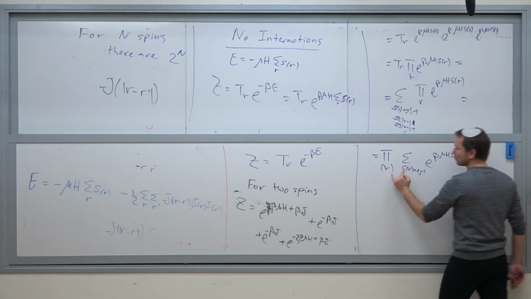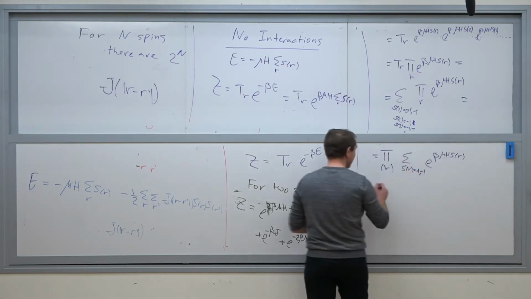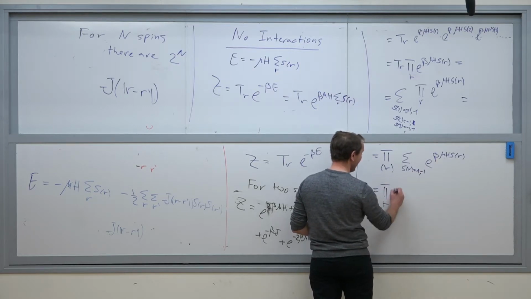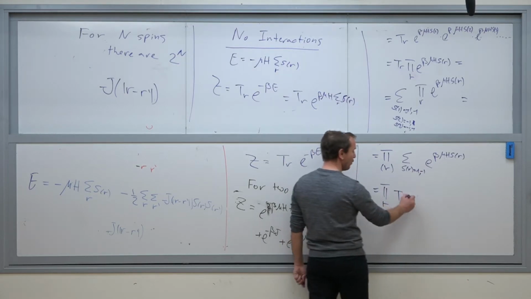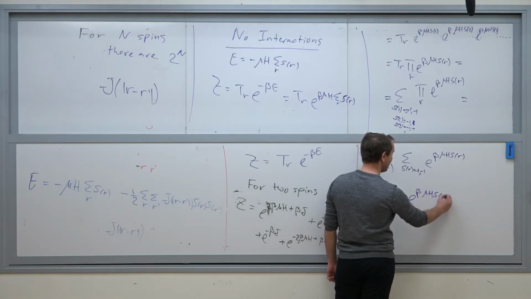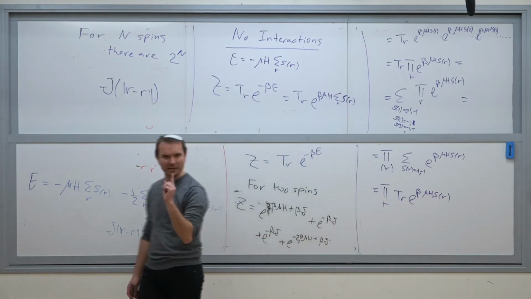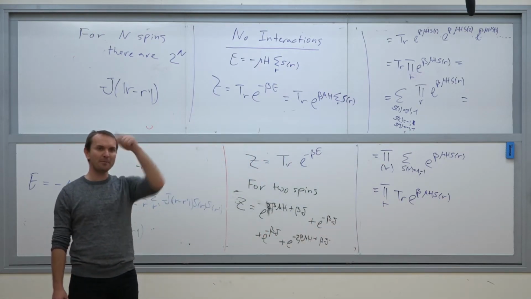So this operator of the summation for a single one and the multiplication, they're commutative. So what is written over here is the product over r of a trace over e to the beta mu h s of r. I only need to count all the states of a single spin, and a single spin can be either up or down.